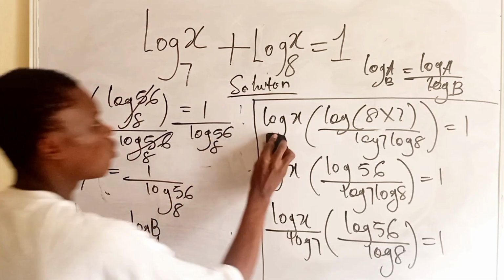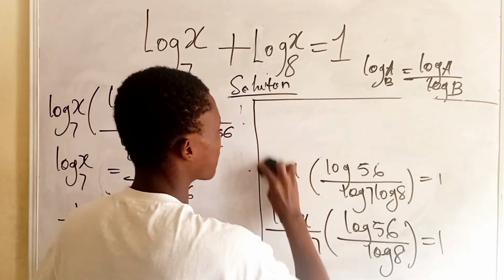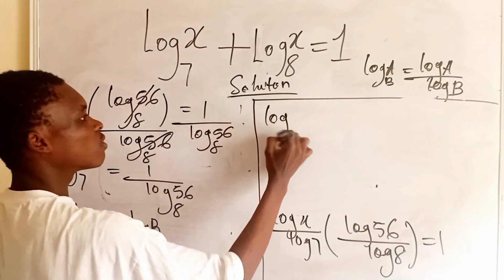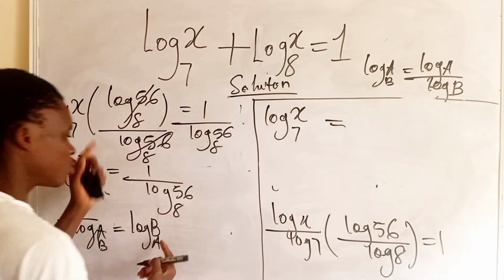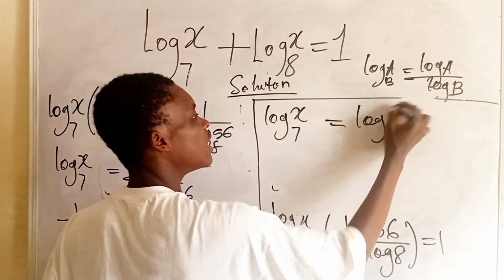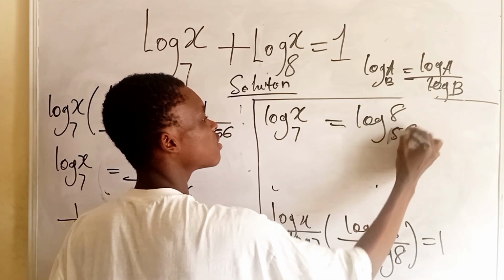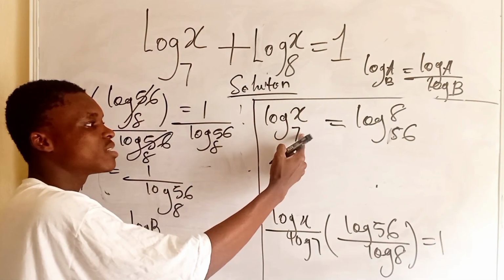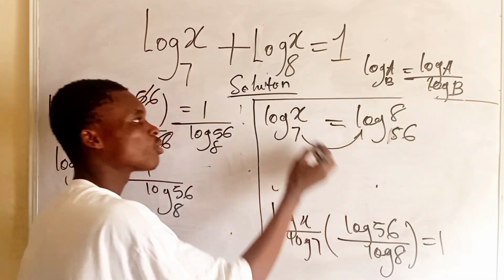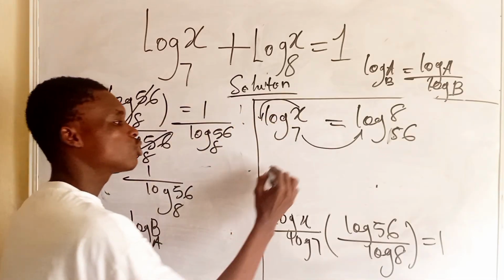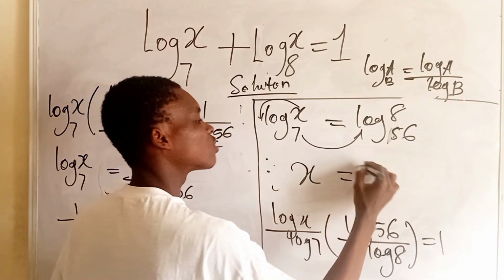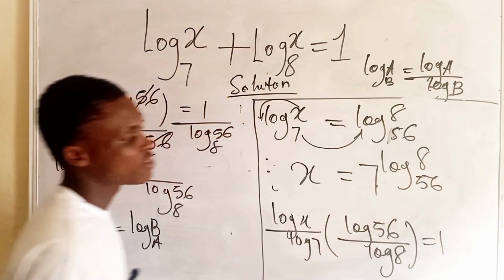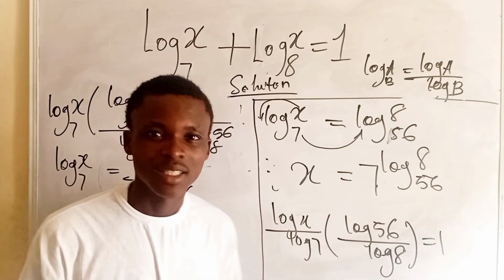If that happens, log x base 7 equals, they will interchange, log 8 base 56. So what happened? We'll now obey the law of logarithm that the log of a number x to a certain base 7 is the power to which the base must be raised to obtain this number. So therefore, our final answer equals 7 raised to the power of log 8 base 56. And this is the right answer.